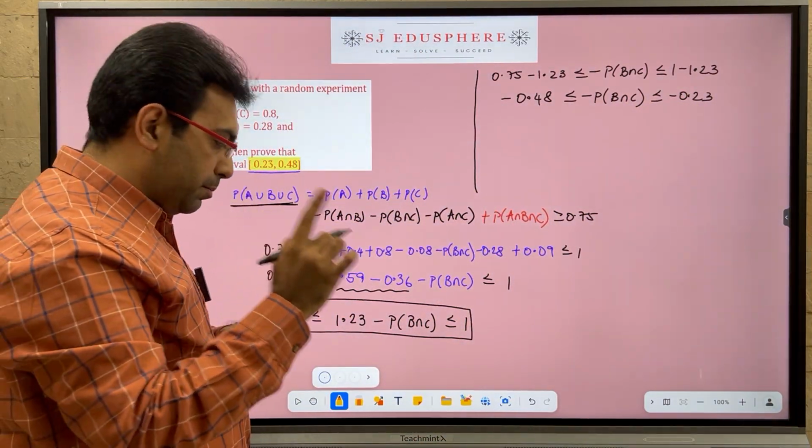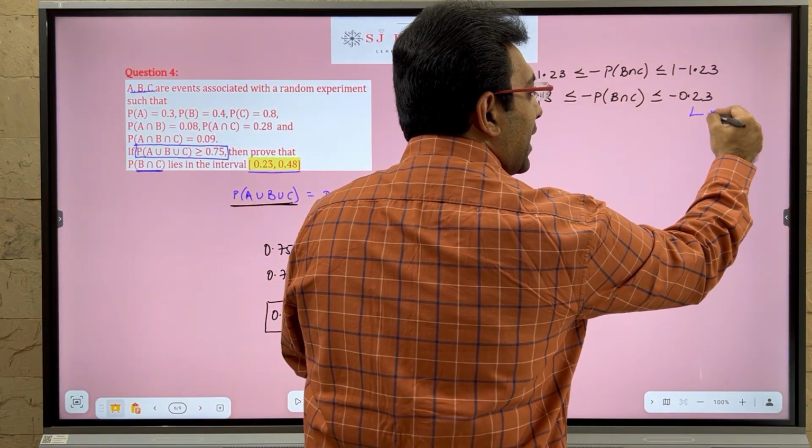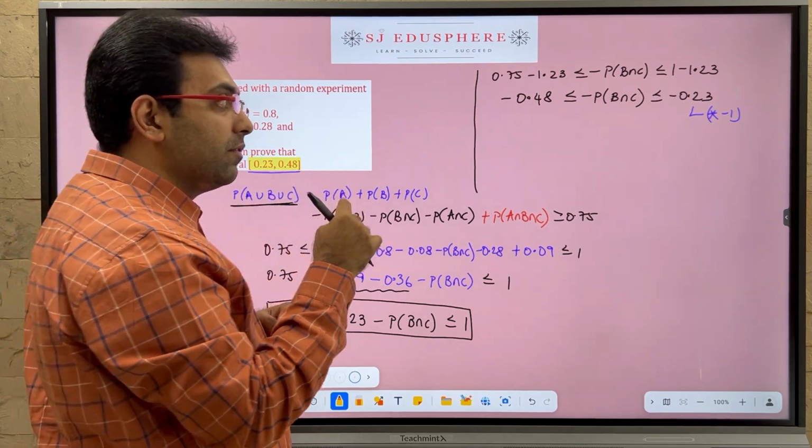ascending order. Means I am going to multiply everything with minus 1, and when we do that, the sign of the inequality will reverse.